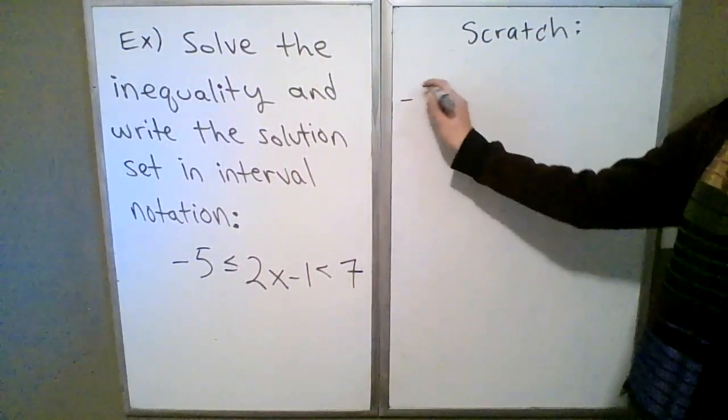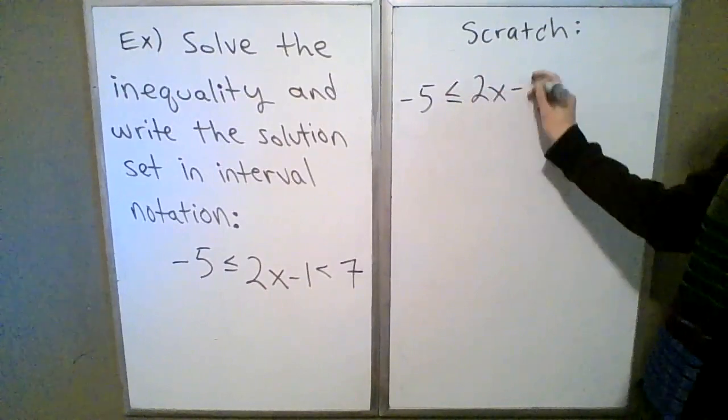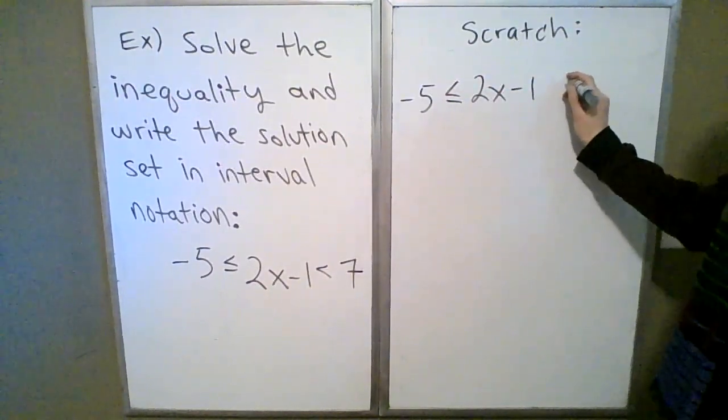There's a -5 less than or equal to 2x minus 1, and then strictly less than 7.